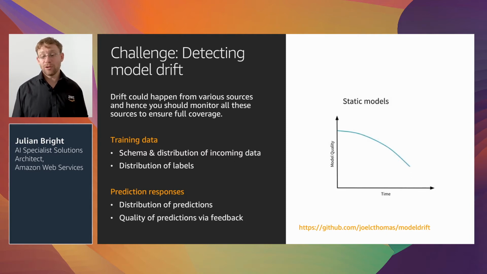A static model will often, as you can see, degrade in quality over time. And so often a process of refreshing those models is necessary to ensure that these models are still performing accurately. So a process to detect this drift and then automate retraining is a good idea to ensure the lifetime of the model.